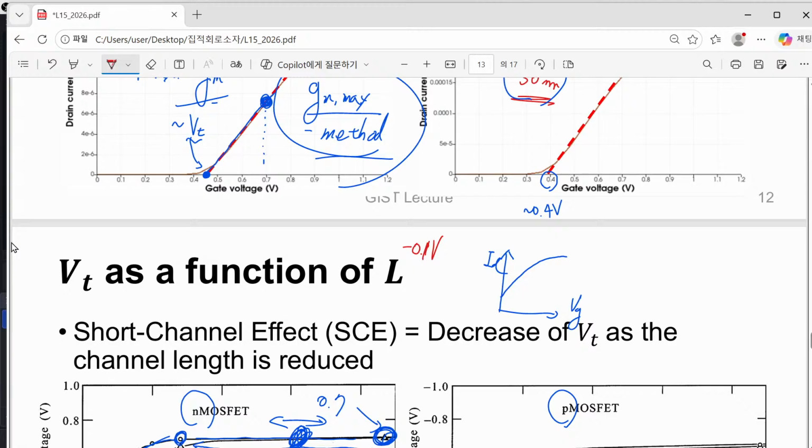It means that although you didn't want to, you have your curve just parallelly shifted by amount of 0.1 volt toward this negative direction.